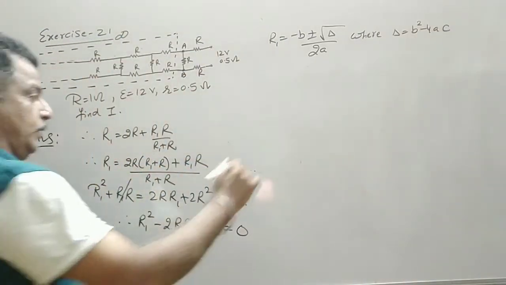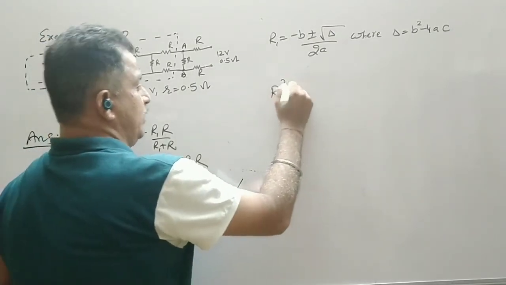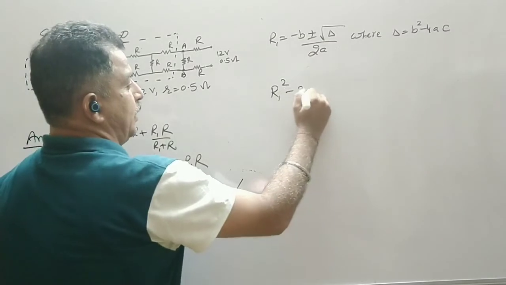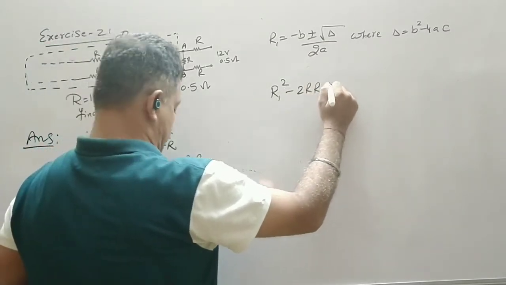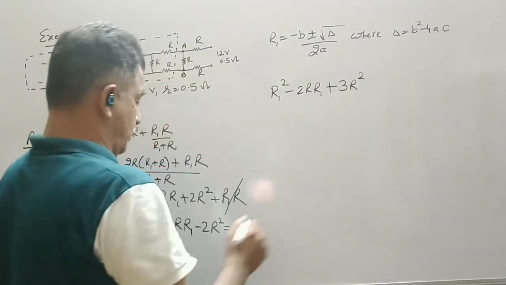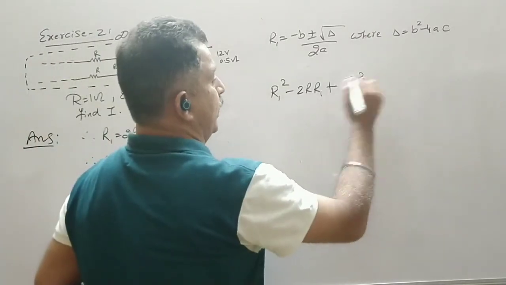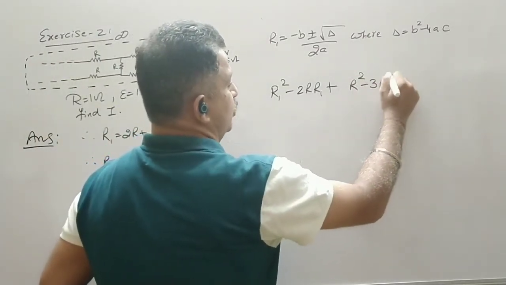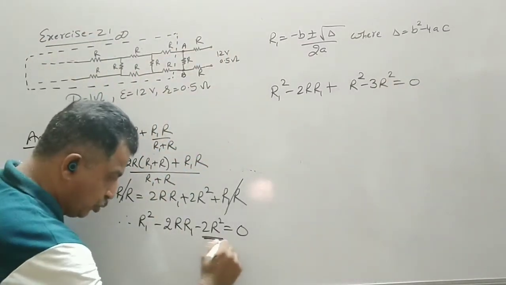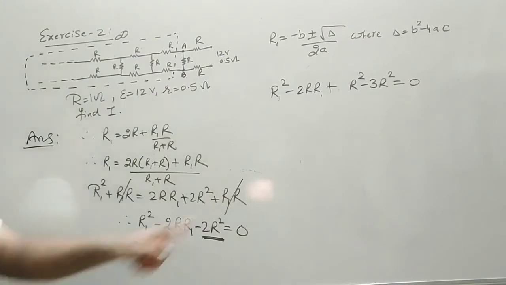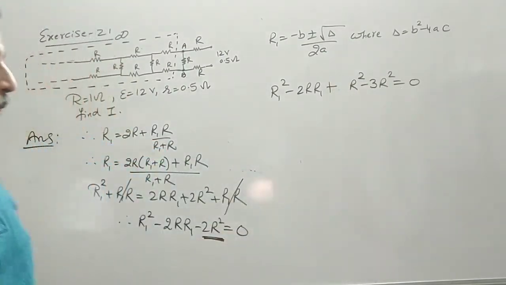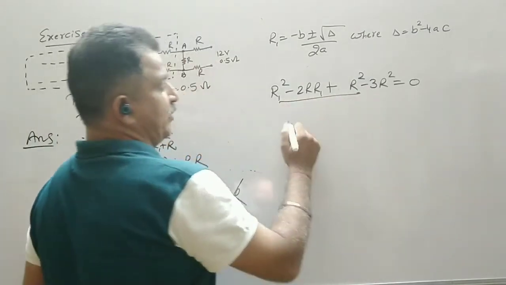Or another method is, I make a perfect square: R1 square minus twice R1 plus R square minus 3R square is equal to 0. That is, minus 2R square is written as R square minus 3R square. So now this becomes a perfect square.